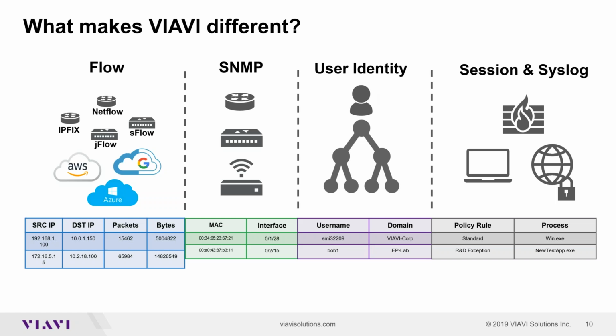And that comes in really handy when you have to set up profiles, right? Because then we can identify MAC addresses and say, these MAC addresses can only operate off of these ports. User identity, where we're going to be able to pull in AD or LDAP information to be able to put in usernames and search for folks on usernames.